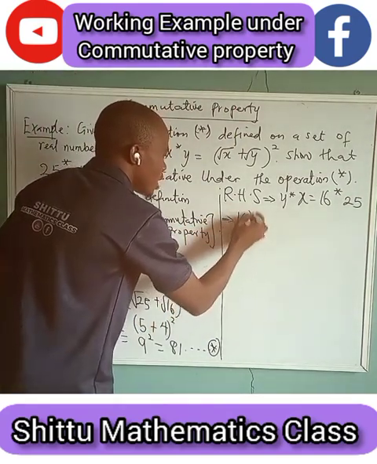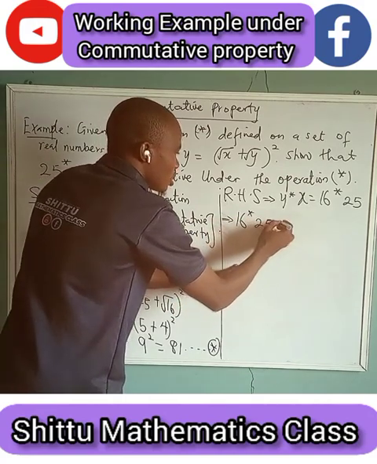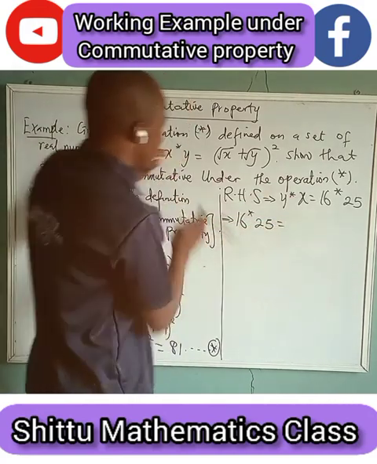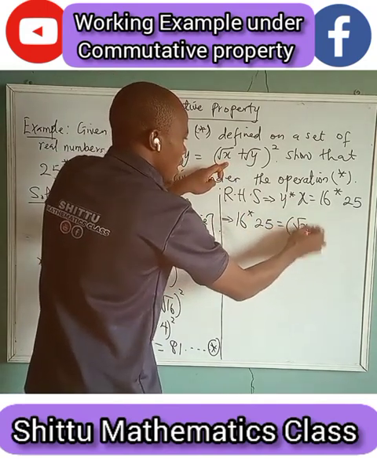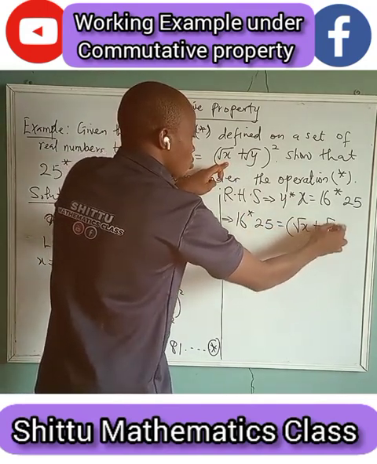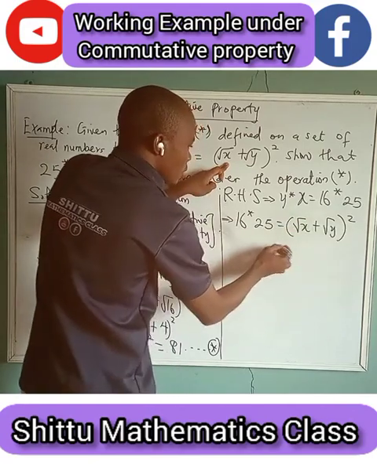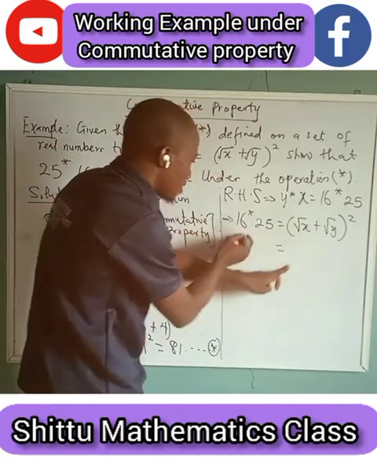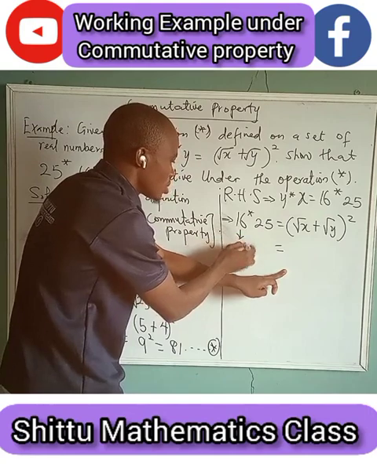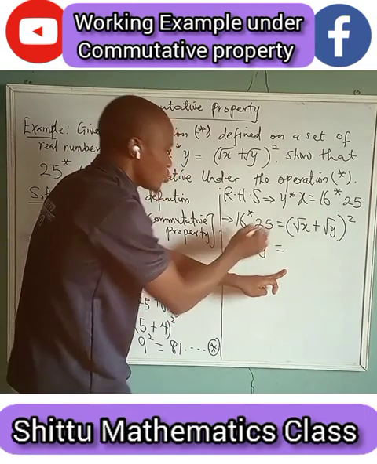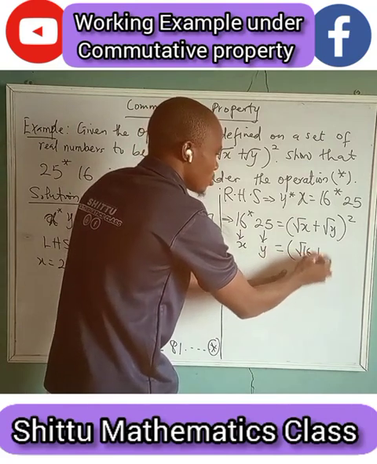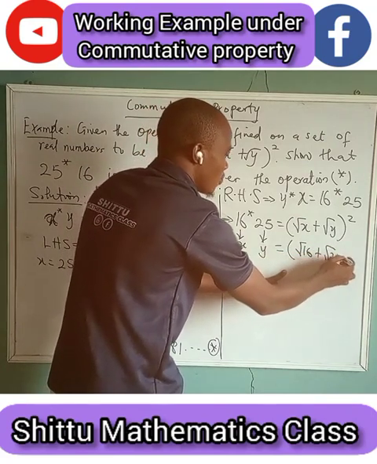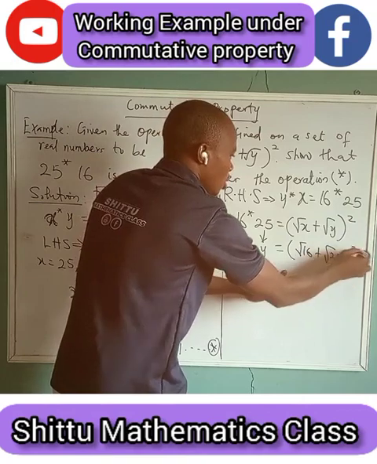As we did here, we are going to do this one also. So 16 asterisk 25, using the definition given to us, is root x plus root y, all square. Here our x has now turned to 16, and y is now 25. So we are going to have root 16 plus root 25, all square.